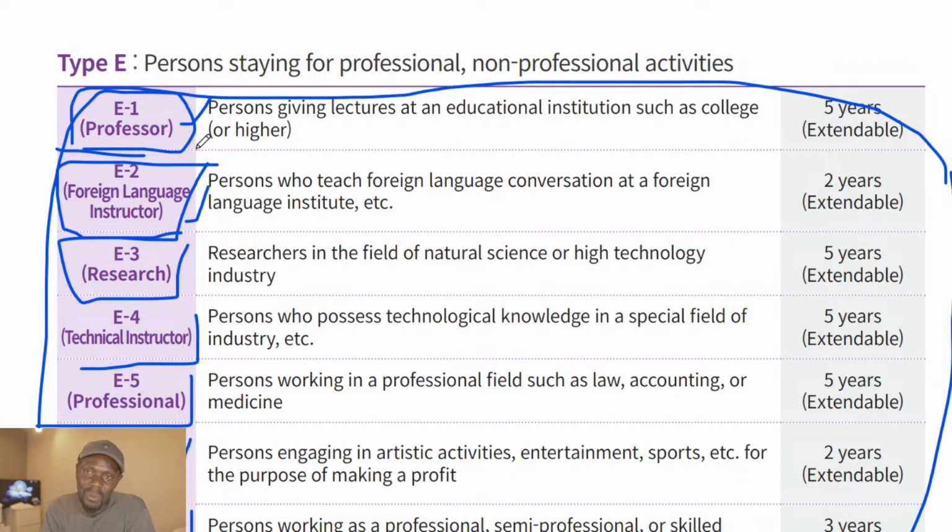You would also have to leave. So most of these visas on the E series, they are good visas because they will allow you to make money, but you can also lose the visa and you would have to leave the country. So it's very important that you take into account that fact.